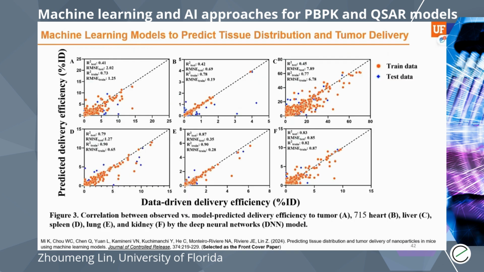This slide shows the correlation between the prediction and the observed data for both the training set and the test set. We also did prediction using different machine learning algorithms, and again we found a deep neural network model had a better performance than other traditional machine learning models.